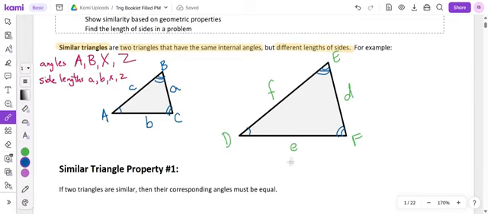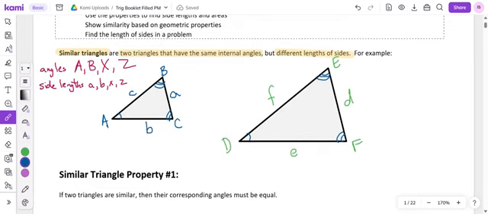Well, now that we have shown on the triangle that they're similar, how do I write down that they're similar? Right? I can't put an equal sign because that wouldn't be true. So I will write triangle ABC.